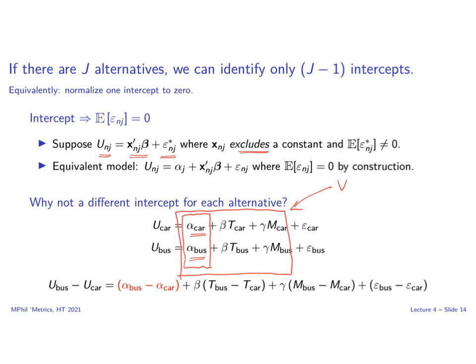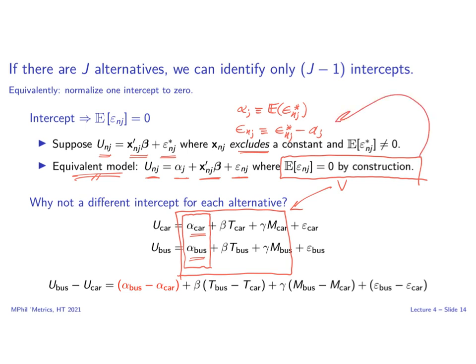Then, if we define alpha_j to be the expectation of epsilon star_nj, and then we define epsilon_nj with no star on it to be the difference epsilon star_nj minus alpha_j, then by construction, we have an equivalent model of the form U_nj is equal to alpha_j plus x prime_nj beta plus epsilon_nj, where the mean of this new error term, epsilon_nj without a star on it, is equal to 0.